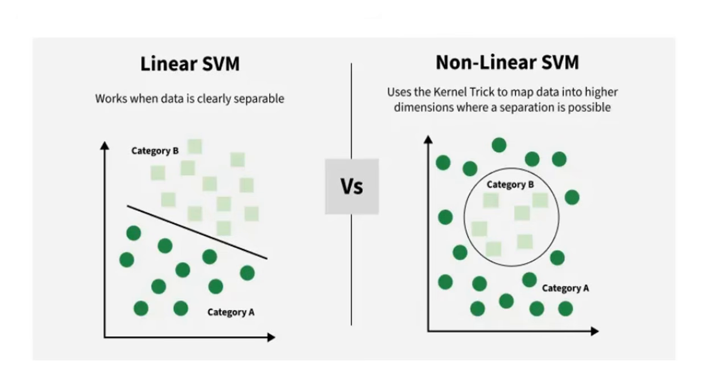There are several commonly used kernel functions in SVM. The first is the linear kernel. It is useful when the data is already approximately linearly separable. The second is the polynomial kernel. It allows SVM to create more complex decision boundaries using polynomial relationships. The third is the radial basis function kernel, commonly known as the RBF kernel. The RBF kernel is one of the most popular choices for nonlinear classification problems because it can create flexible and complex decision boundaries.